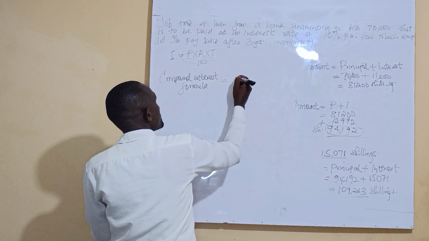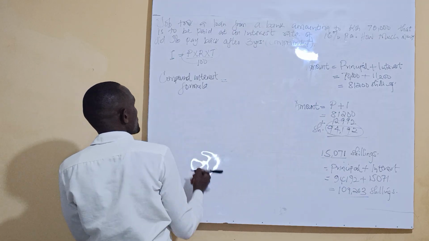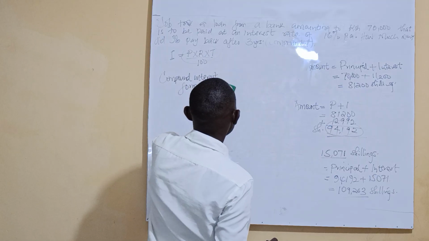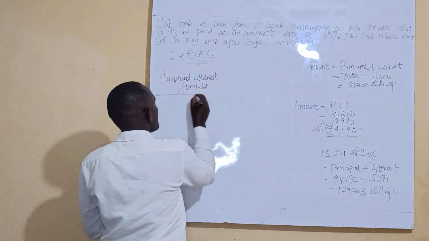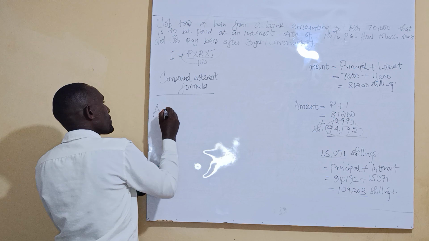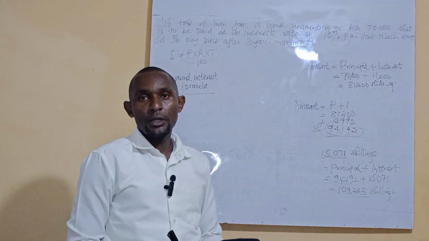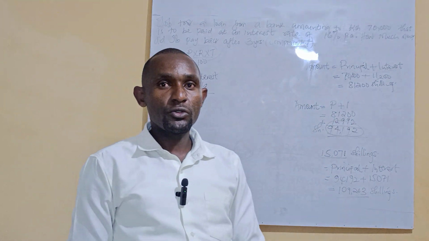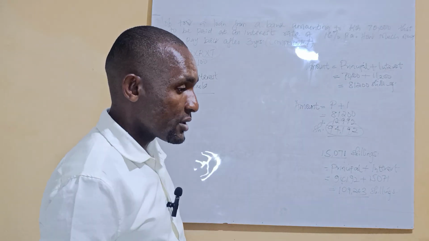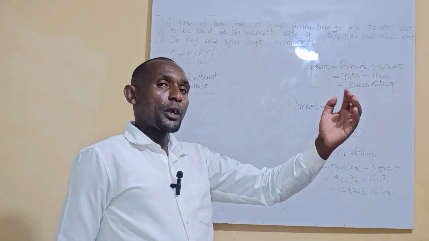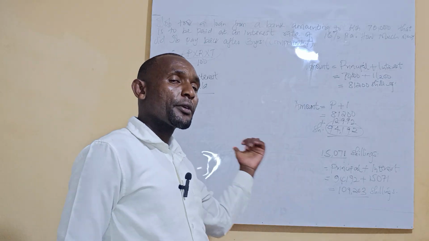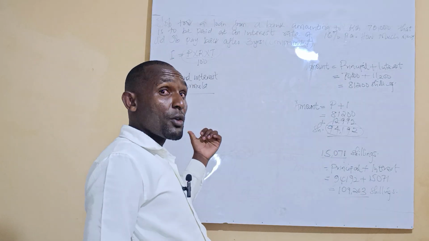So this one is the compound interest formula. It is amount. It is always going to give you the amount. That is very important to note, that it is going to give you the total amount. If you are to calculate the interest, it is going to come from the amount that you're going to calculate.